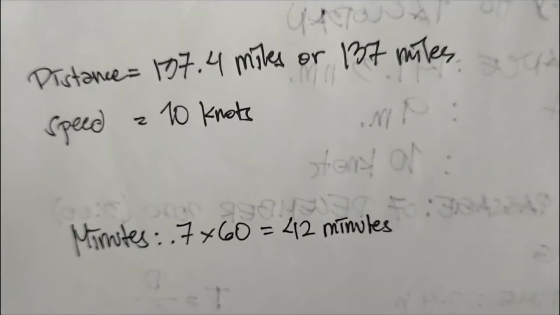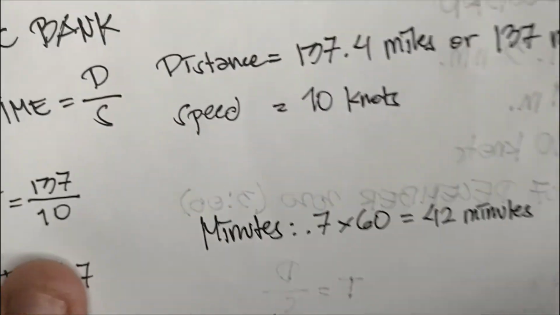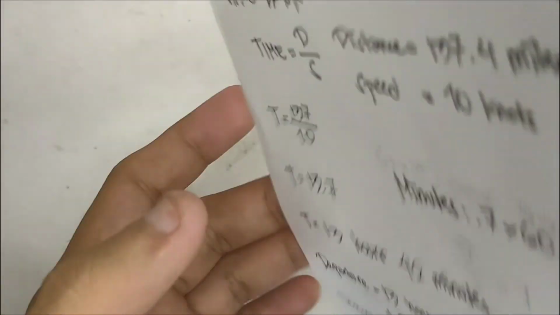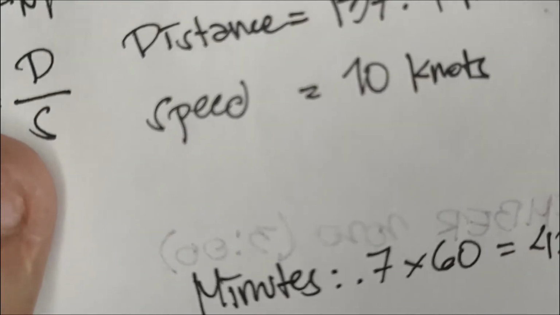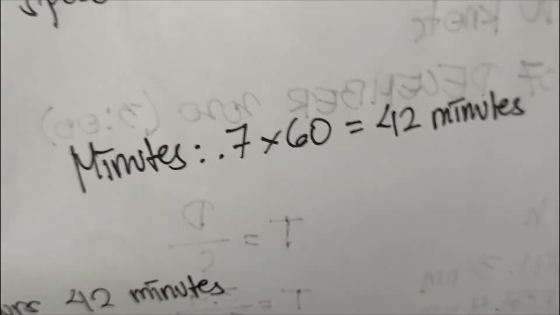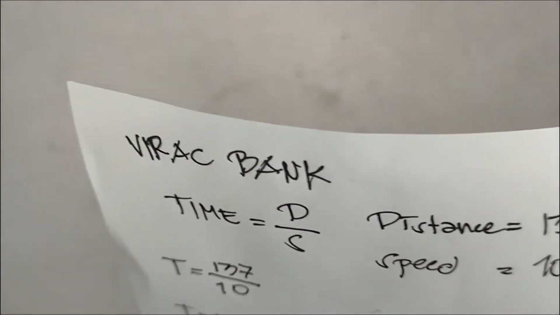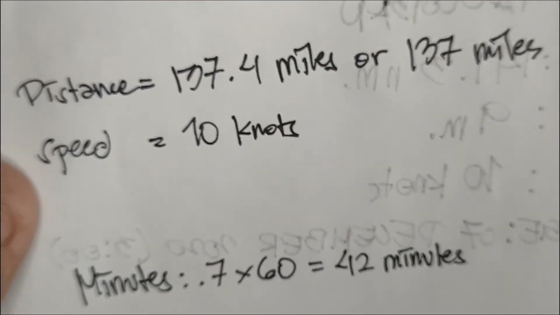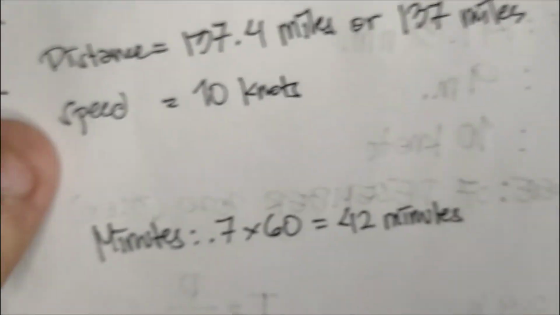And for the Virac Bank, same procedure, we have a distance of 137.4 miles or 137 miles. So again, subtract the to-go distance of Tacloban Pilot Station, which is 141.3, by the to-go distance of the Virac Bank, which is 3.9. So we'll get 137.4, round it up, 137.